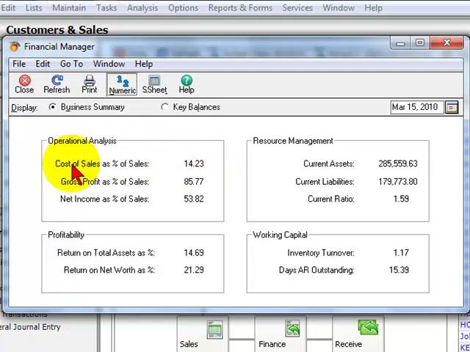Now if you look at the next line, it's gross profit as percentage of sales. What this means is of that $100 item, $85.77 is profit before operating expenses. If you add these two together, you will get the 100.